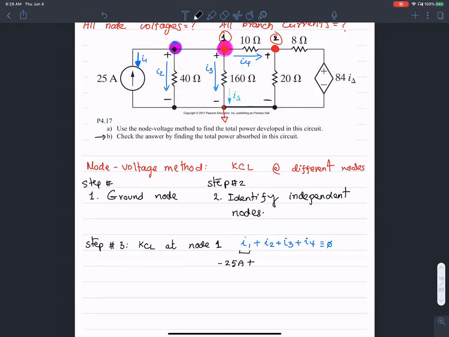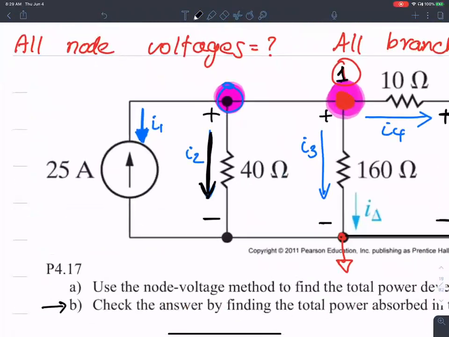What's the next value? What's the current flowing in this branch through the 40 ohm resistance? 25 amps times the 40 ohm resistance? Could be, could not be, if you think about it.